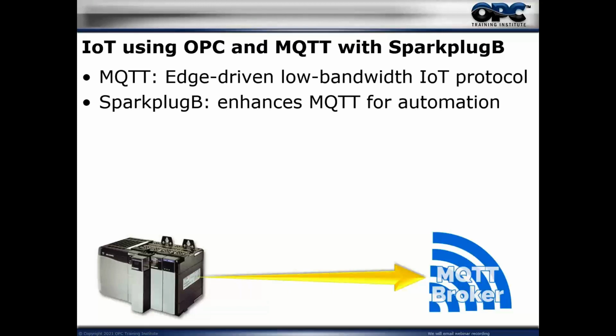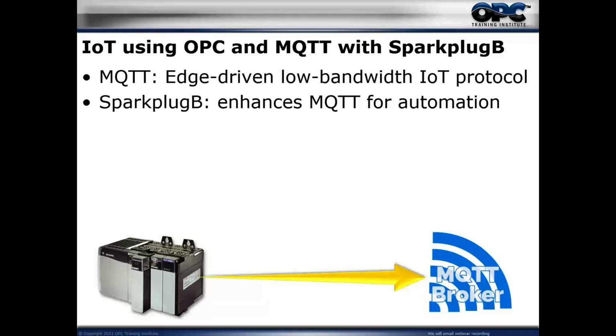Also, there is SparkplugB. In automation, talking about MQTT without SparkplugB makes it, in my opinion, rather irrelevant. MQTT is a standard, but MQTT does not define data types, doesn't have a data structure, and that's what SparkplugB does.